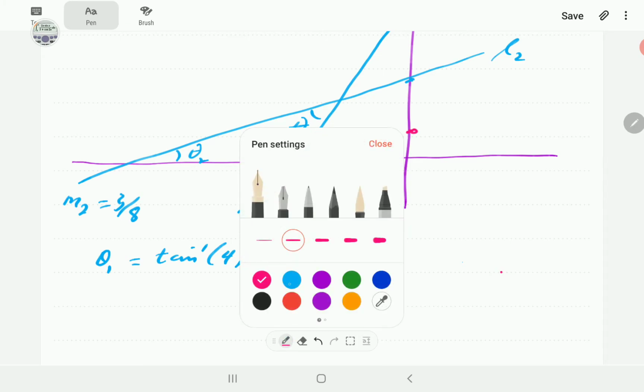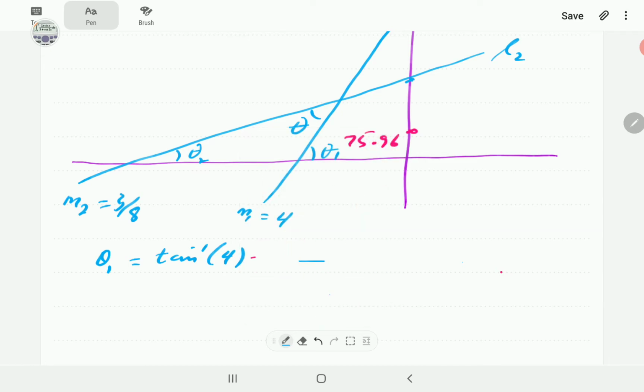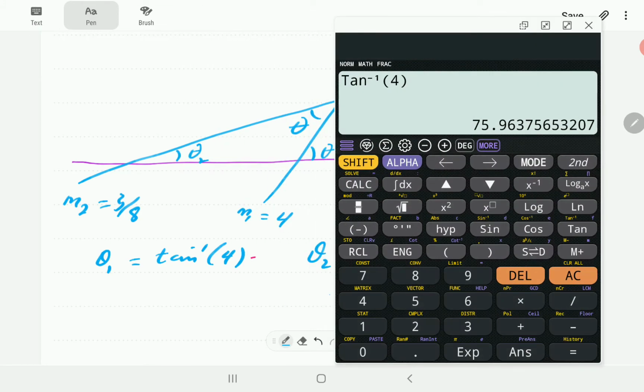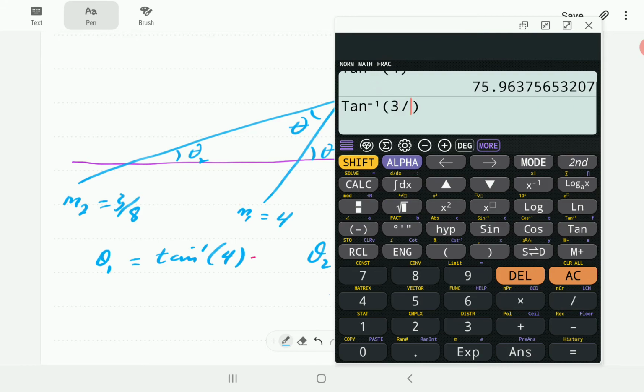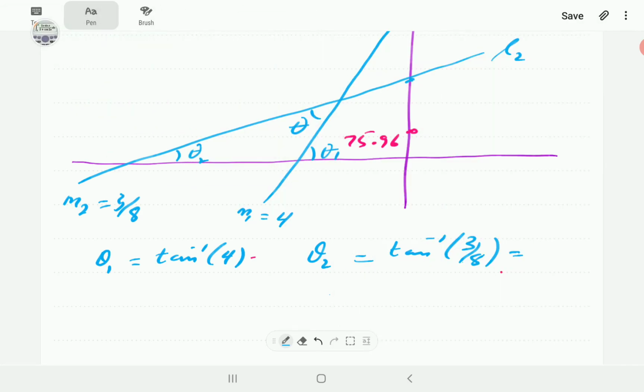And then theta 2 is going to be inverse tangent 3/8. Again, we can punch that in the calculator. So inverse tangent 3/8, this one is going to be 26.56.